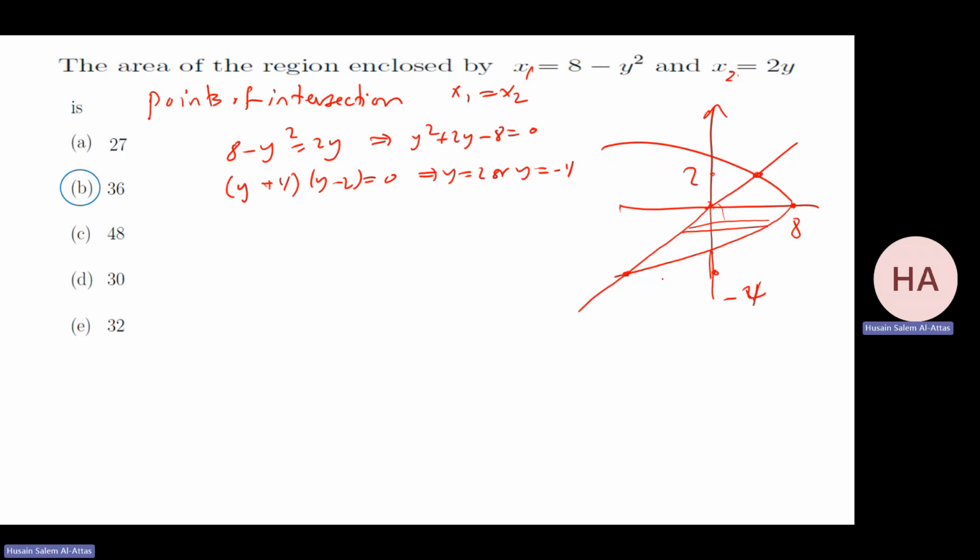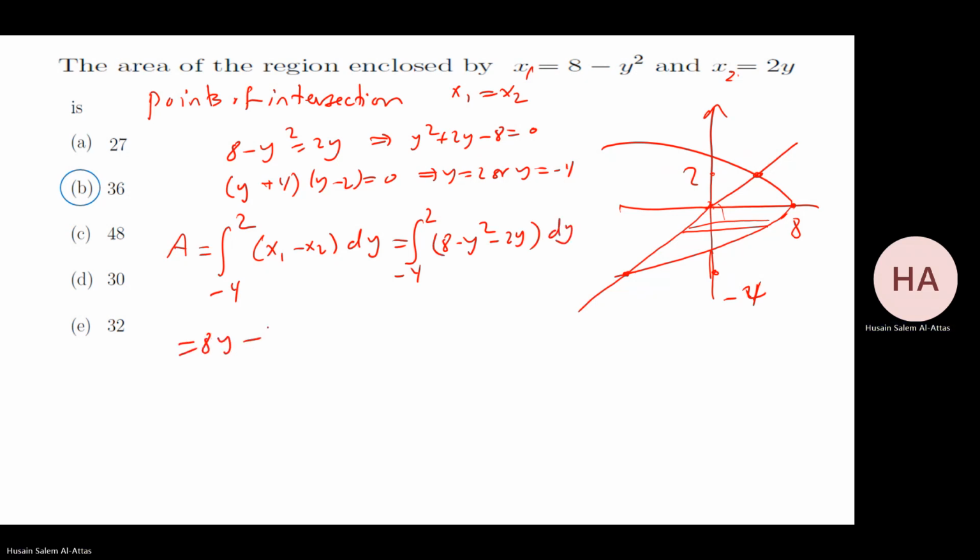Okay, so my integral, I'm doing it y-wise, will be from minus 4 to 2. The parabola will be the one to the right. So you have x1 minus x2 dy, from minus 4 to 2, of 8 minus y squared minus y dy.